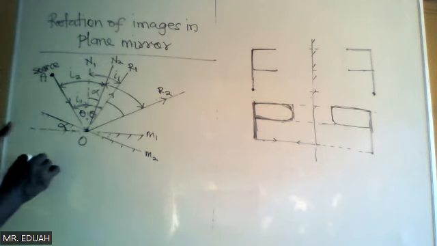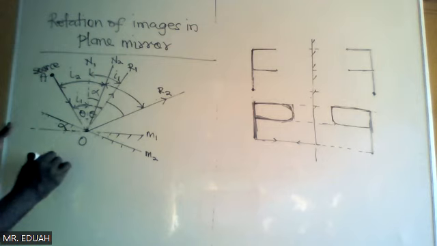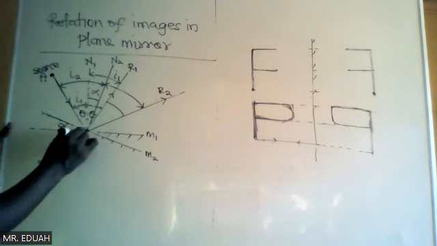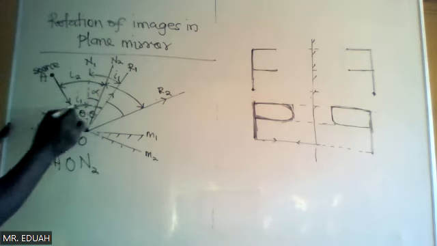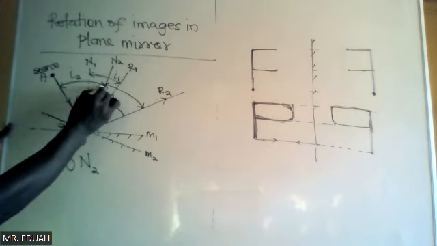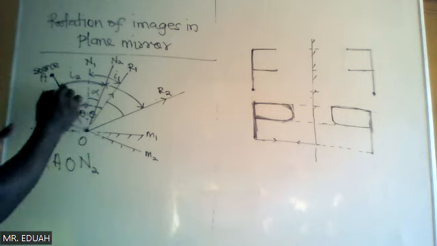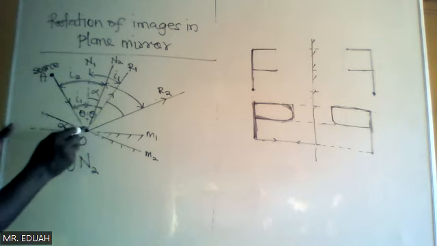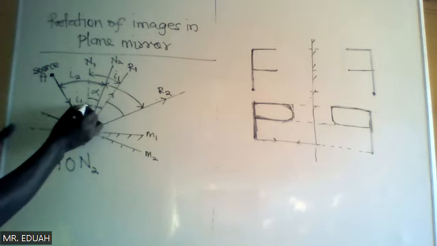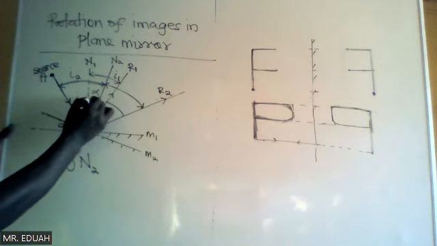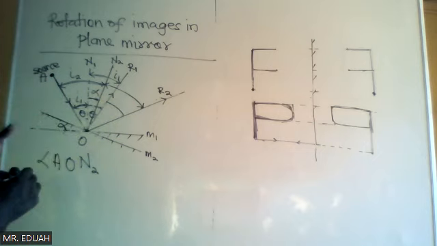I want us to look at angle AON2. I mean this angle. What is angle AON2? This is equal to this angle I plus this angle alpha.